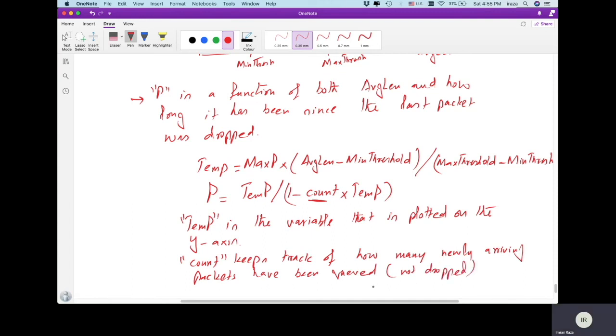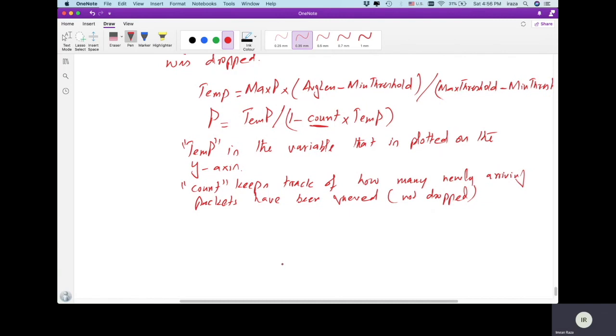So obviously this will help me identify how it has been doing since the last drop.